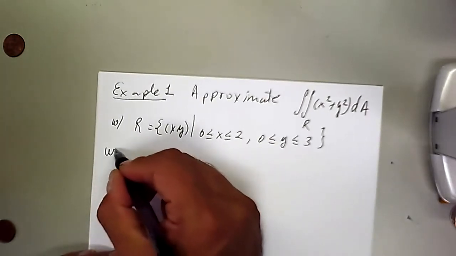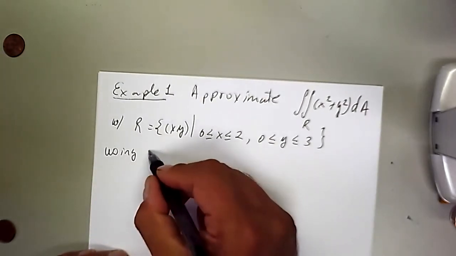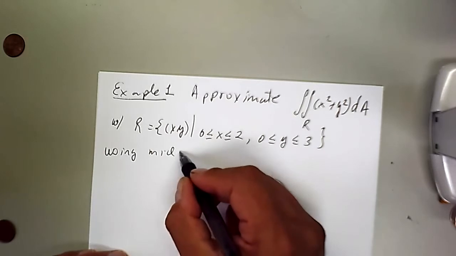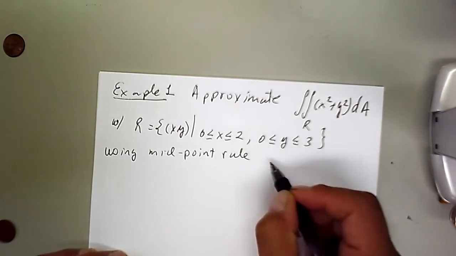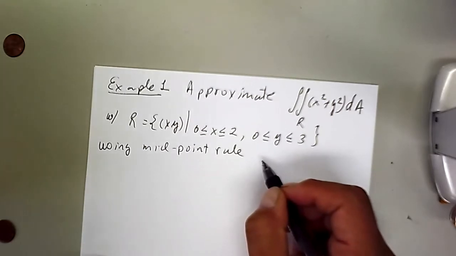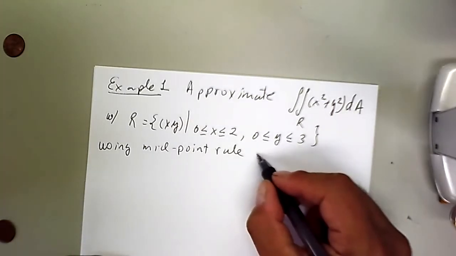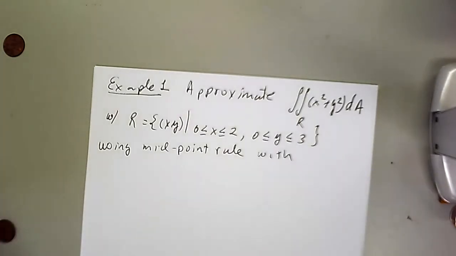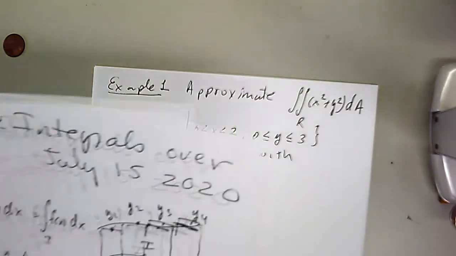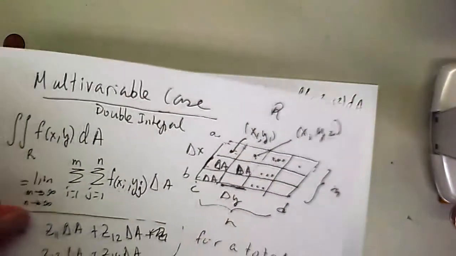Using the midpoint rule, with, let's make sure I'm using the correct m and n.